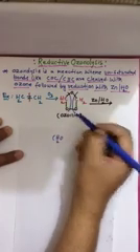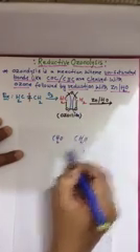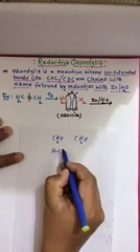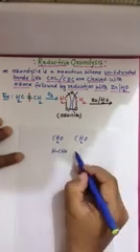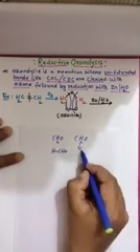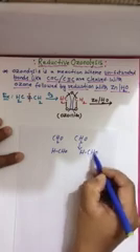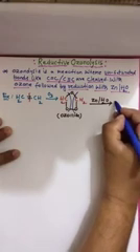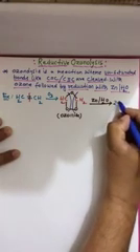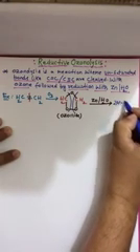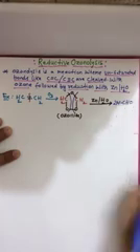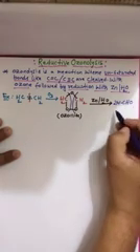CH2O here, CH2O here, CH2O is nothing but HCHO, formaldehyde. 2 moles of formaldehyde you are getting. HCHO, this we are calling formaldehyde.